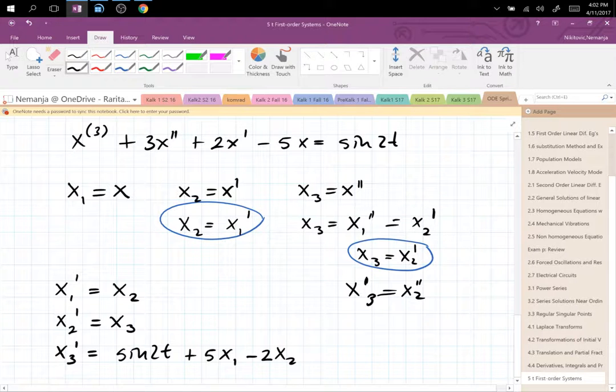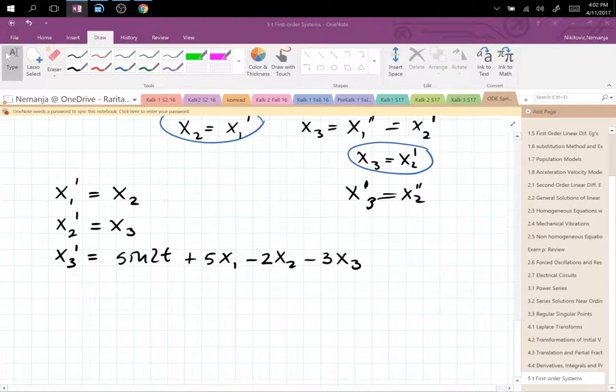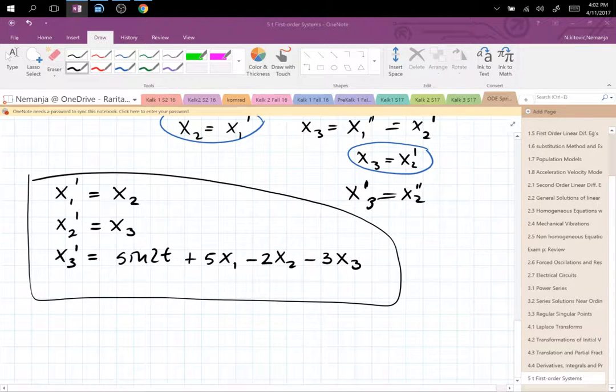Good. And finally, minus 3 goes on the other side. So minus 3, x double prime is x3, so just x3 over here. There we go. And here's the system. This is just a setup. We're not solving it yet.